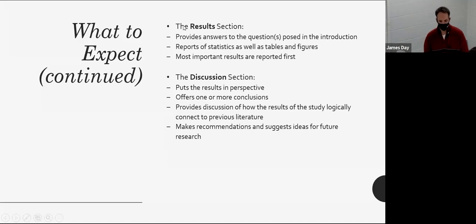And so the results answers the question that the research team created using all sorts of statistics and different things. Most of that information in there is very technical and has to do with the stats. You can skip most of that.